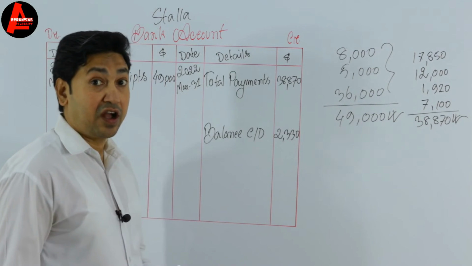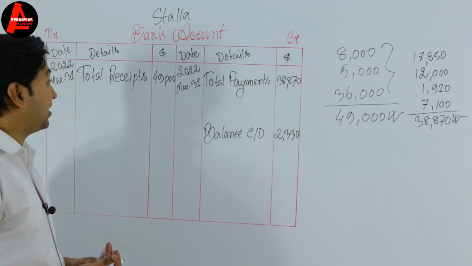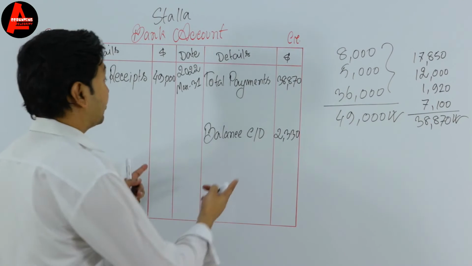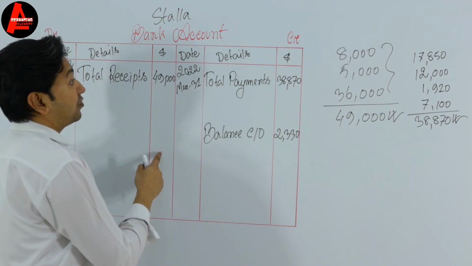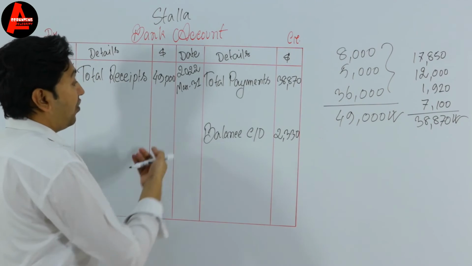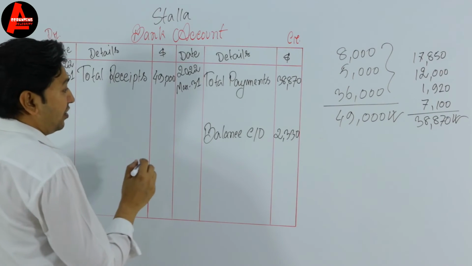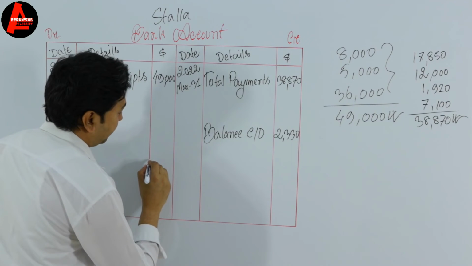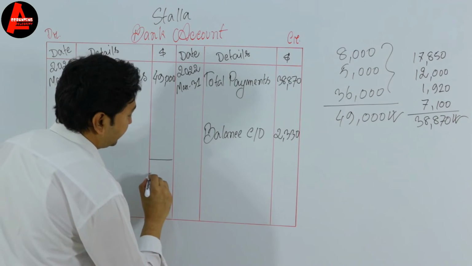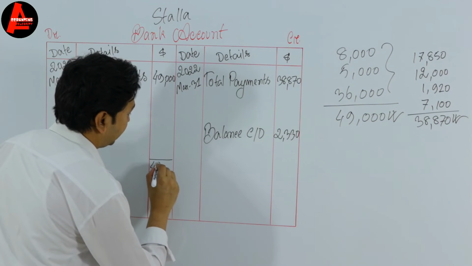Now we have to check what our cash drawings are. Which column is greater? If we compare the debit column to the credit column, we see our debit dollar column is greater. Let us sum up the debit dollar column first. We get $49,000.